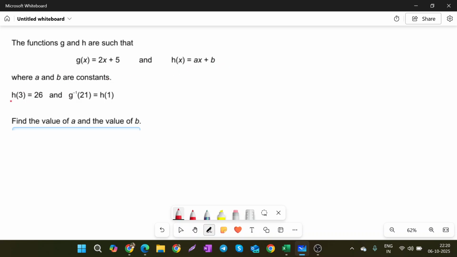So h of 3 is equal to 26. What does that mean? Let's start with that idea. So h of 3 equals 26, which means if I plug in x as 3, I should be able to get an answer 26. So let's try doing that.